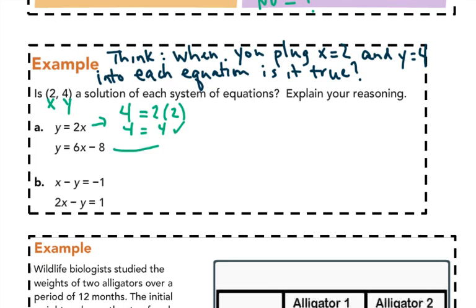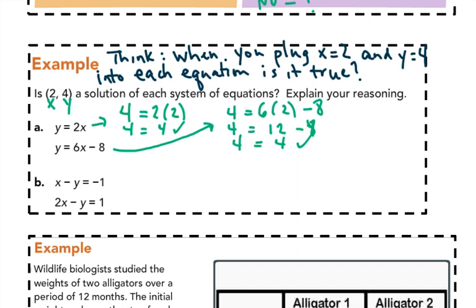When you plug it into this one, when y equals 4, so we're going to have 4 equals 6 times the x value, which we're saying is 2, minus 8. Does that work? So does 4 equal 12 minus 8? And 12 minus 8 is 4, so yes, it works.